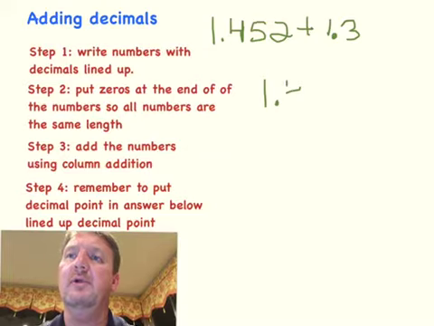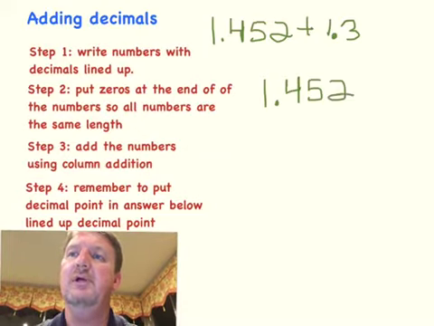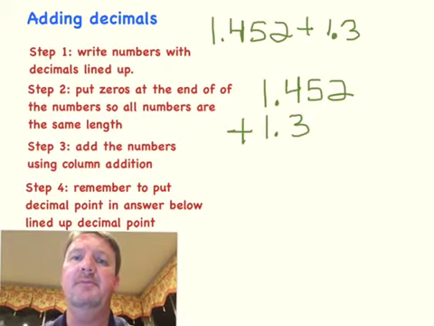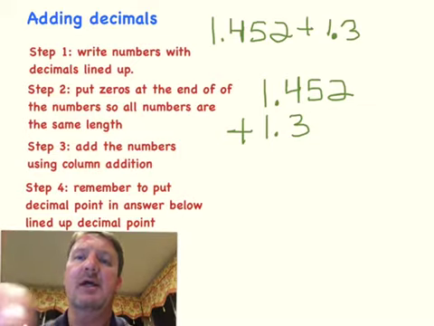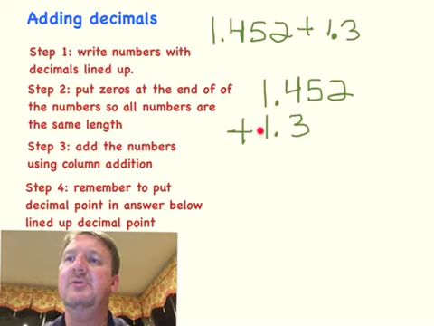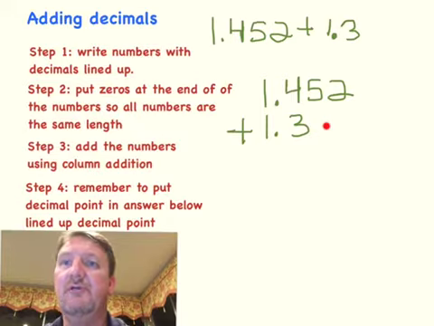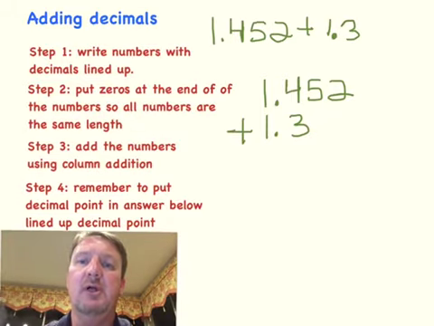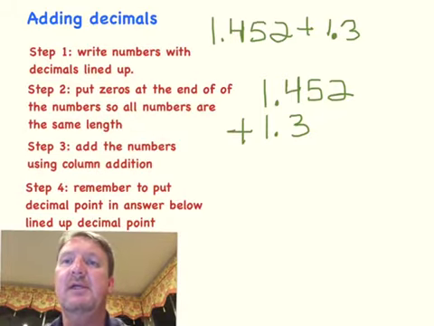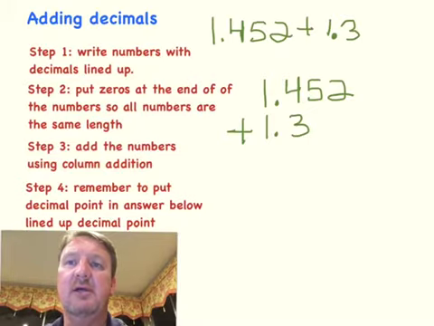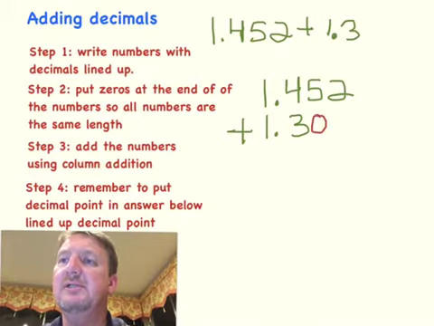So I have 1.452 plus 1.3, and I have lined up the decimals right here. But I have some extra space, with two numbers hanging out by themselves and nowhere for them to go. According to the next step, I put zeros at the end of the number so every number has the same length.